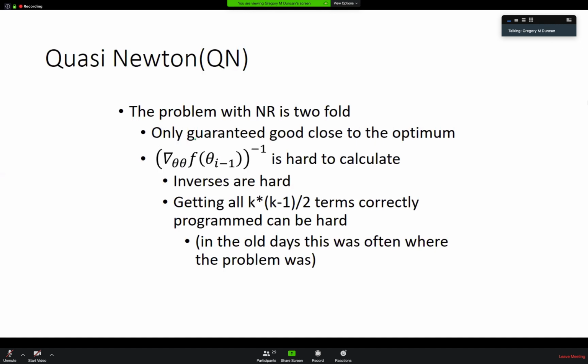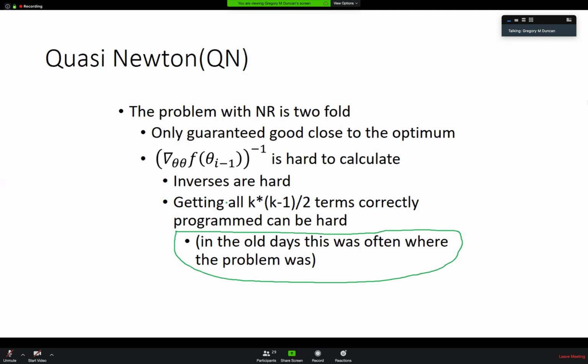I'll just mention that in some old programs, and in fact even some not so old programs, I have found that when they failed, it's because somebody miscoded the matrix of second partials. Just think about this. Let's say you have 500 thetas.